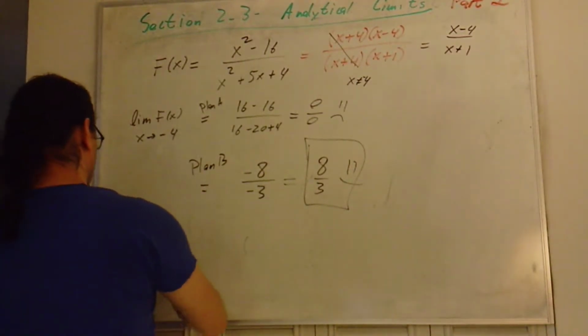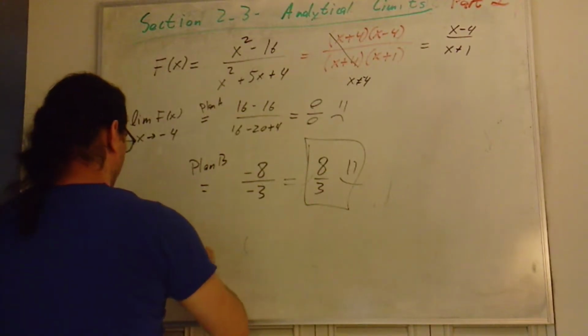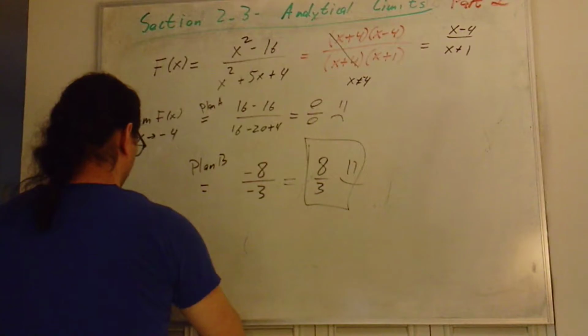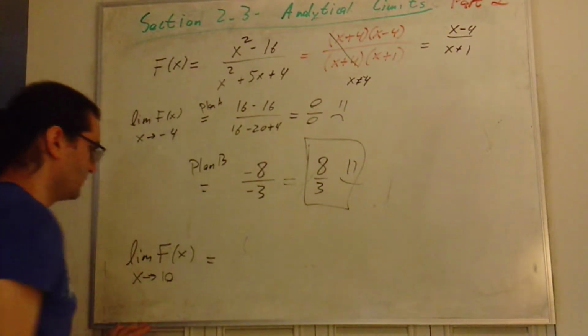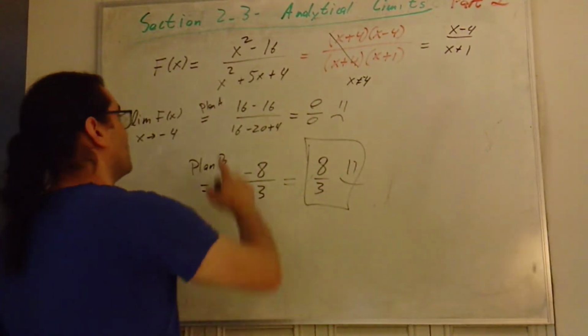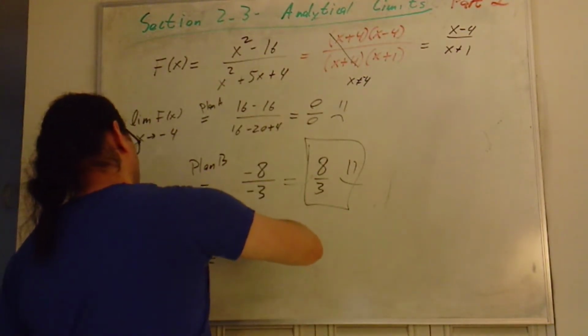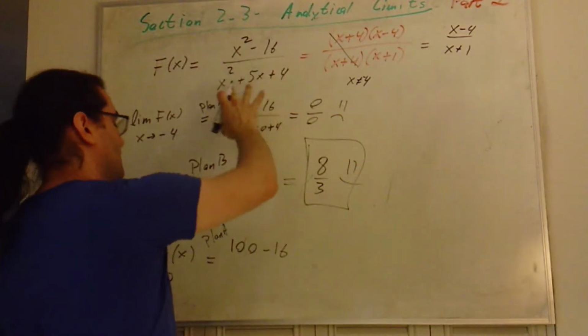Let's also talk about the limit of f of x as x approaches 10. This will give us 100 minus 16 from plan A. I'm just plugging this into the original.